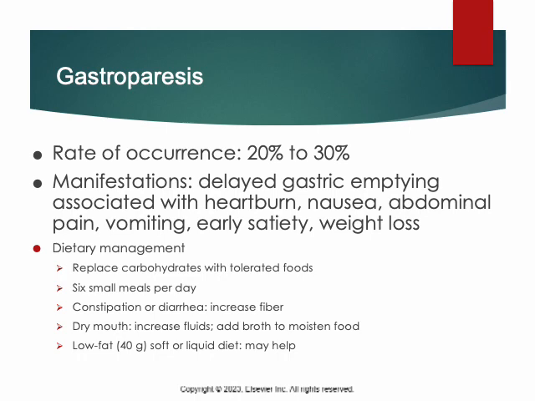Approximately 20 to 30% of patients with diabetes will experience some type of delayed gastric emptying, and this is called gastroparesis. And when we have delayed gastric emptying, this can manifest as heartburn and feel much like GERD. Your patients may have abdominal pain, nausea, vomiting, and even feel full very early and easily.